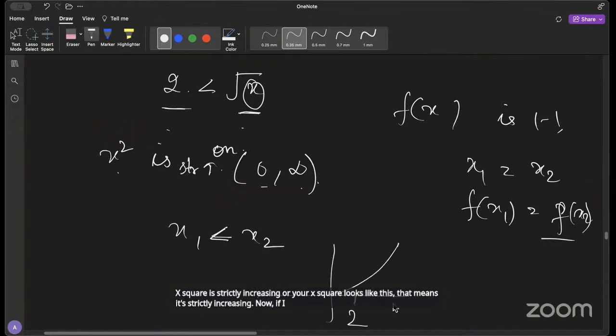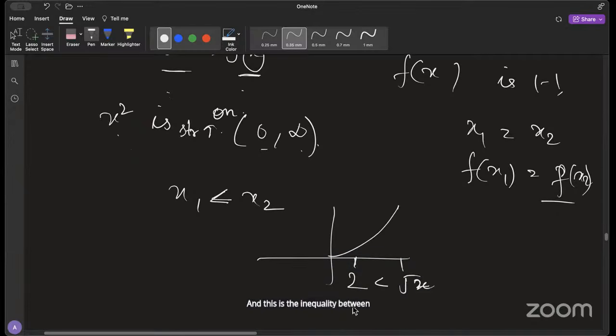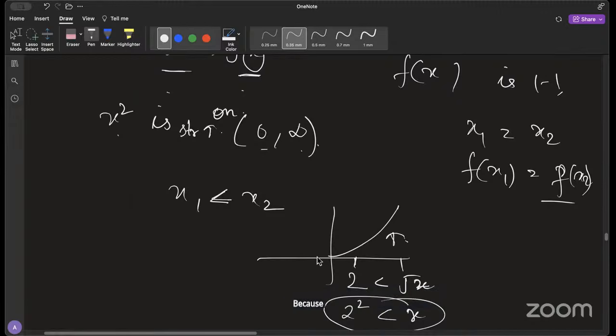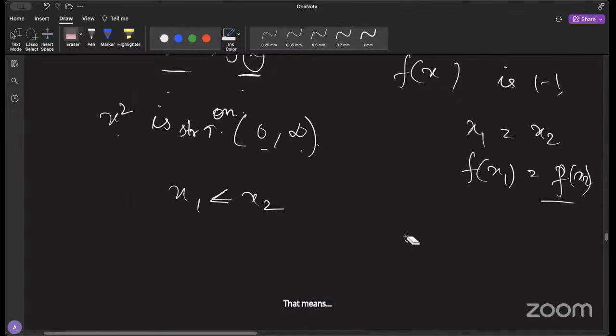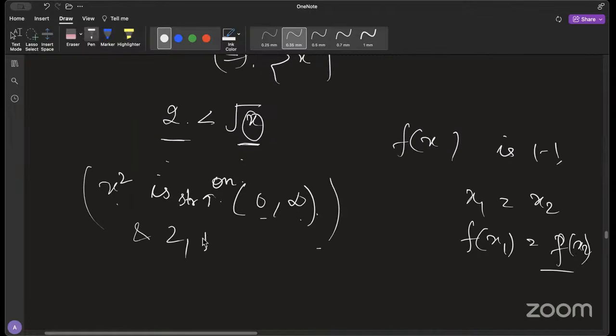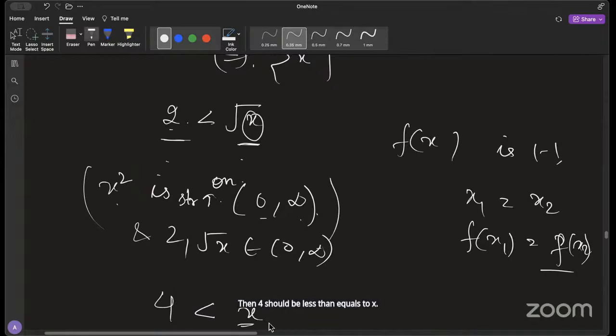Now, if I have 2 here, square root of x here, and this is the inequality between these two, then the squares of 2 and square root of x should hold the same inequality, because it's a strictly increasing function. 2 and square root of x belong to 0 to infinity. That means if 2 is less than or equal to square root of x, then 4 should be less than or equal to x.